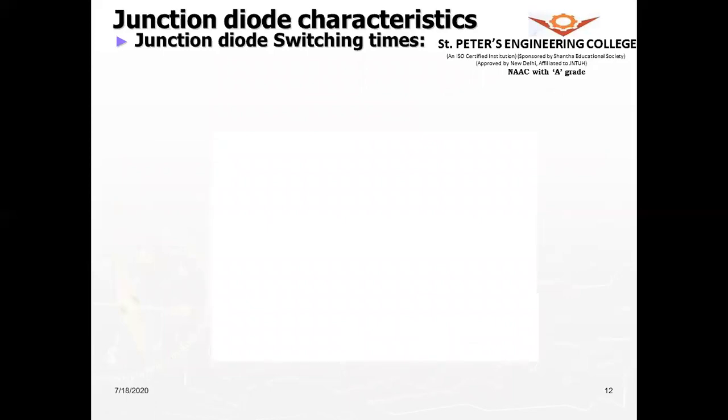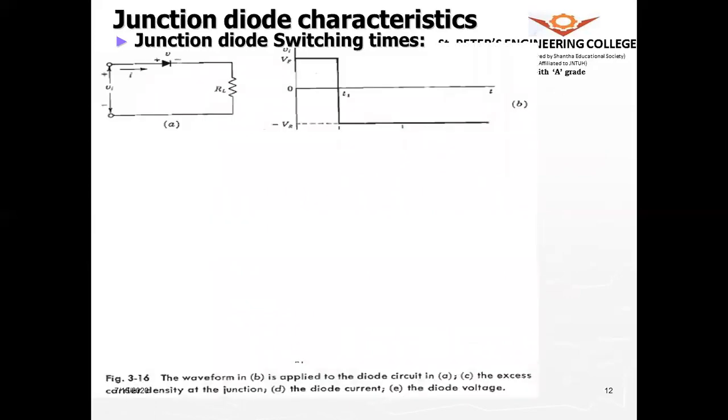Next, the junction diode switching times. So we take the diode and apply an input voltage Vi and observe the different time instants.